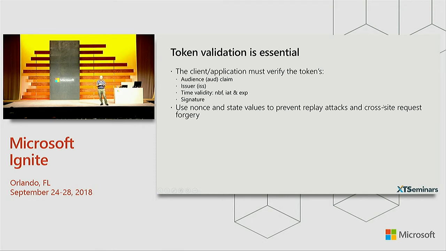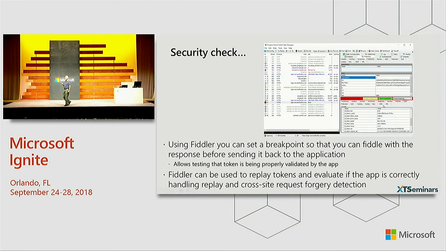So we can do some rudimentary checking to see if this is happening by using a Fiddler breakpoint. So what we put in is a breakpoint, and then we make changes in our token and see what happens. So we could change the state value, for instance, which is not part of the token, but is the app responding properly to a state value that is incorrect?